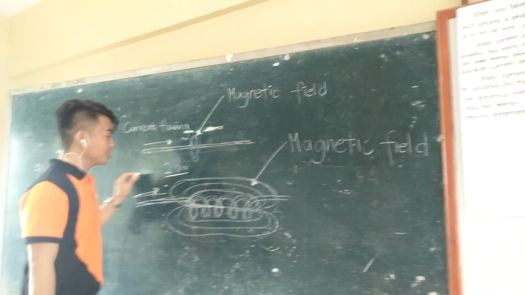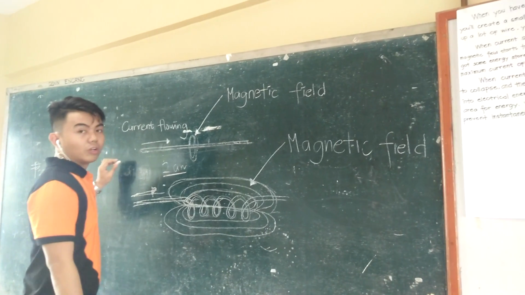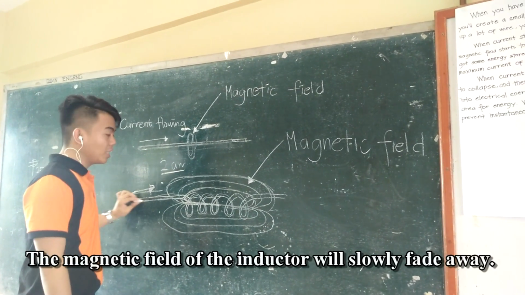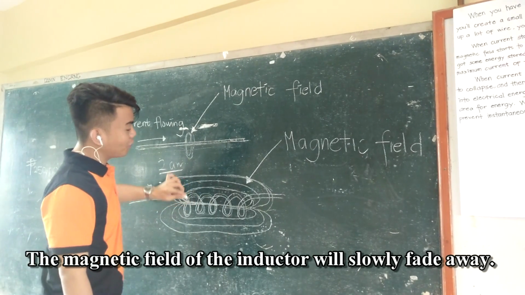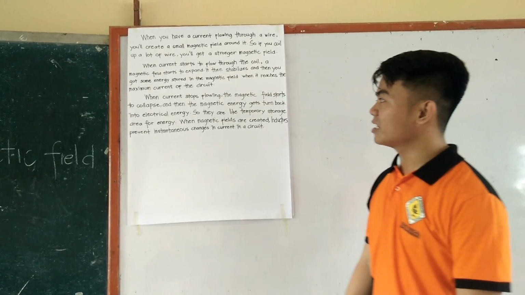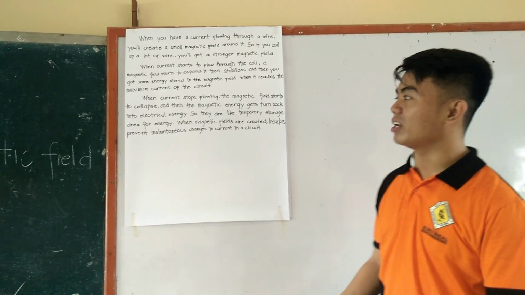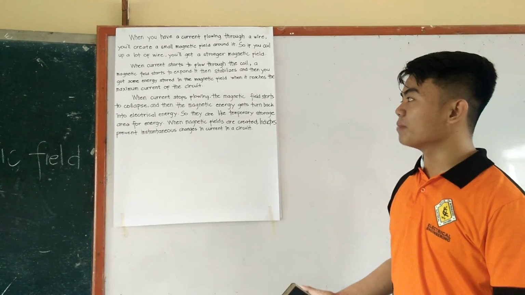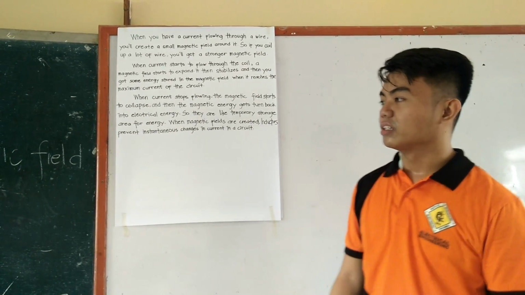Then when you turn off the circuit, it will not turn off immediately. When the current stops flowing, the magnetic field of the inductor starts to collapse, and then the magnetic energy gets turned back into electrical energy. So they are like a temporary storage area for energy.